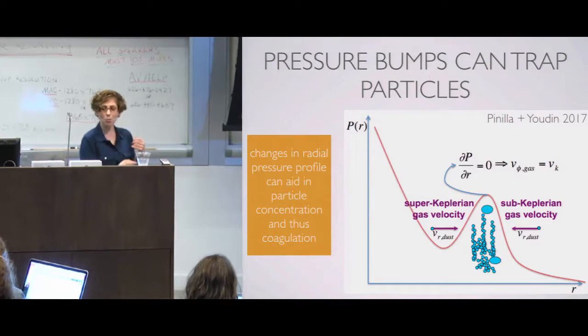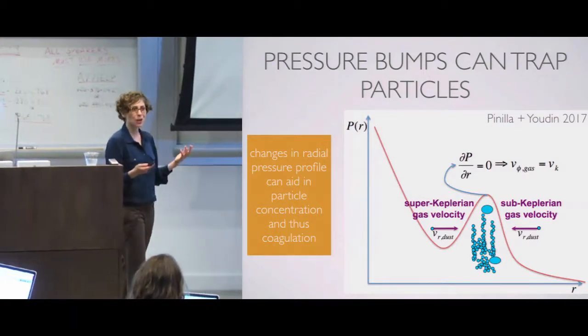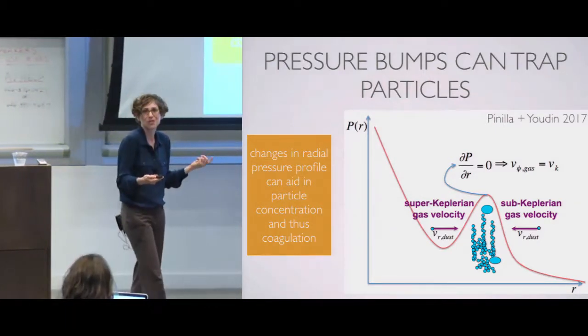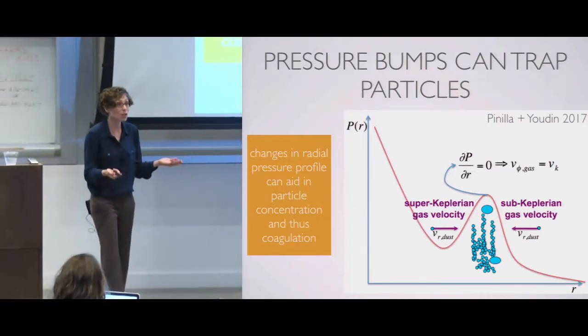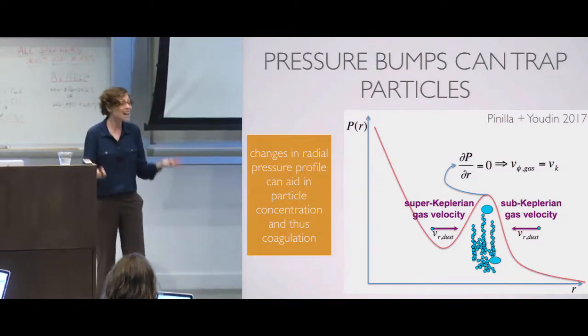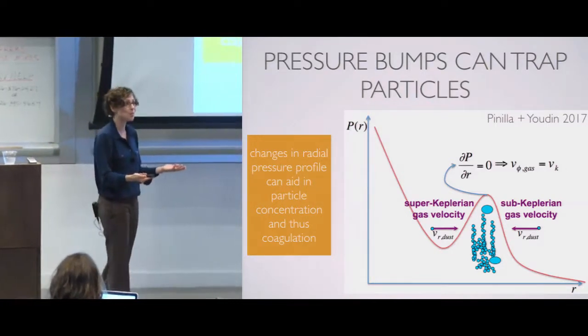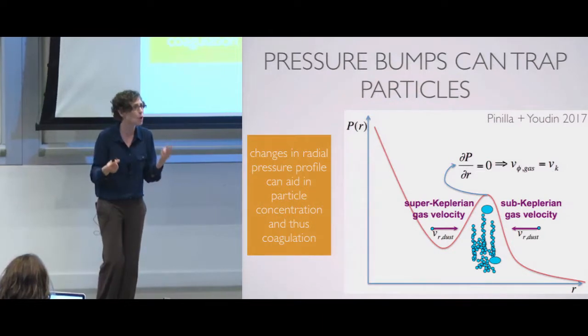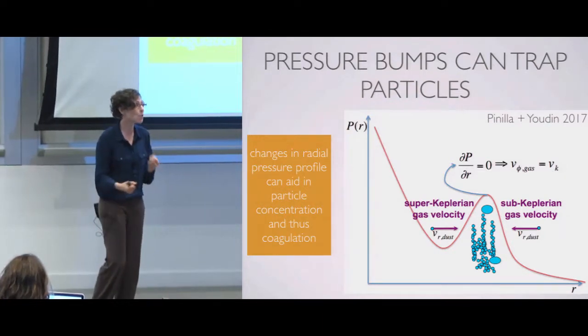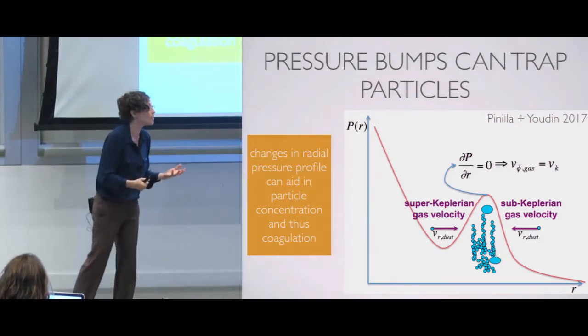And you might say, well, isn't this kind of arbitrary? You just randomly put a bump in the middle of your disk. Why shouldn't disks all be radially smooth? It's a good question. But in fact, there's lots of reasons why disks shouldn't be radially smooth, right? I started by saying, well, we can think of the disks as having two components, gas and dust. But of course, gas is made up of lots of different things, right?